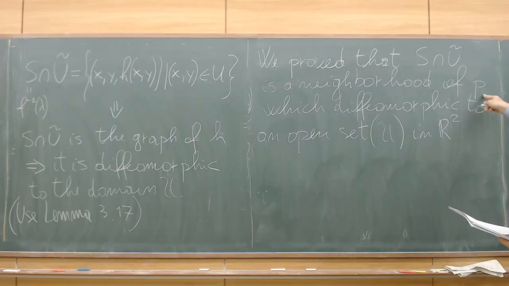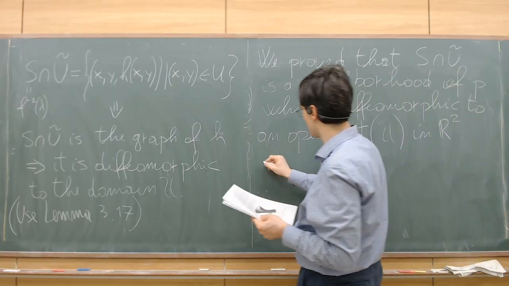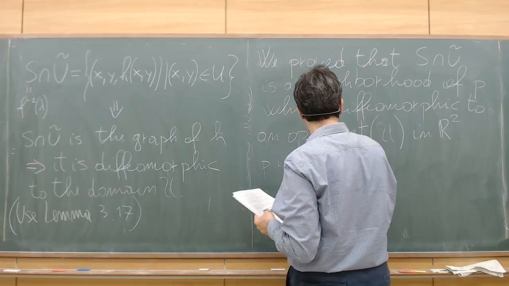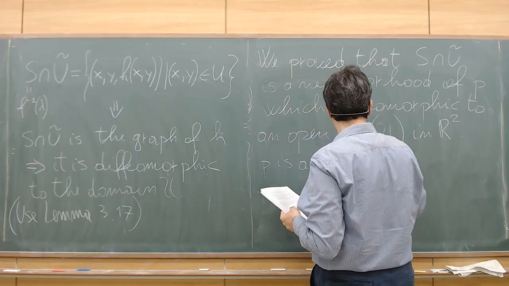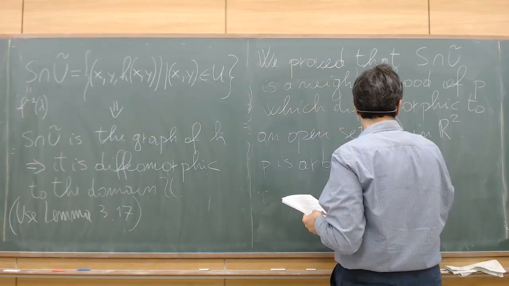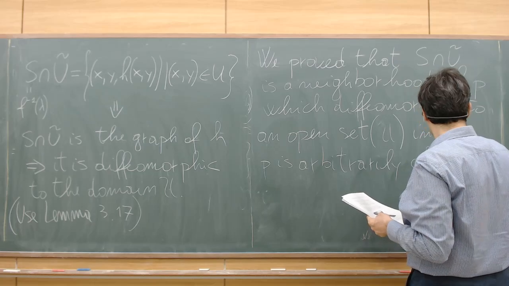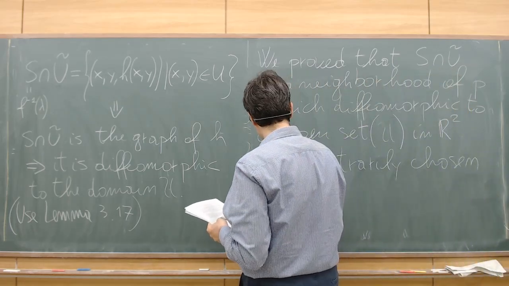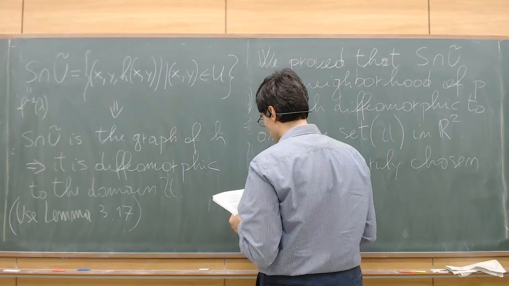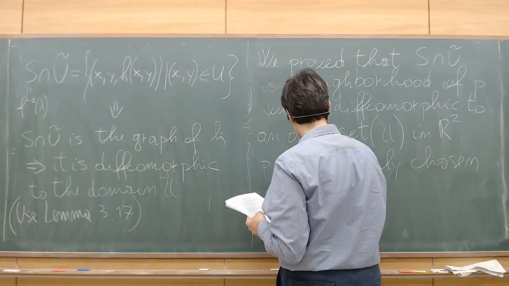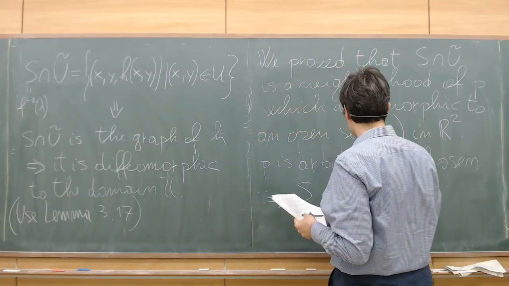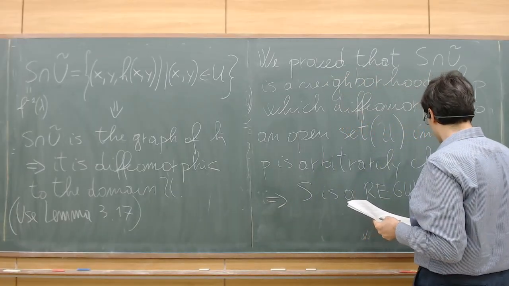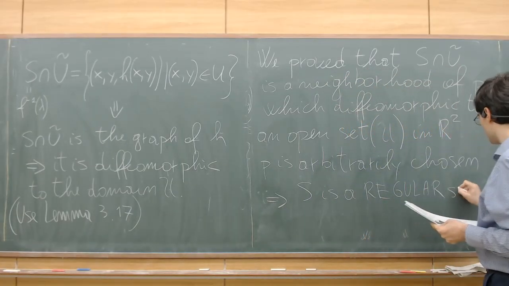Since P is arbitrary, then we have that S is a regular surface.